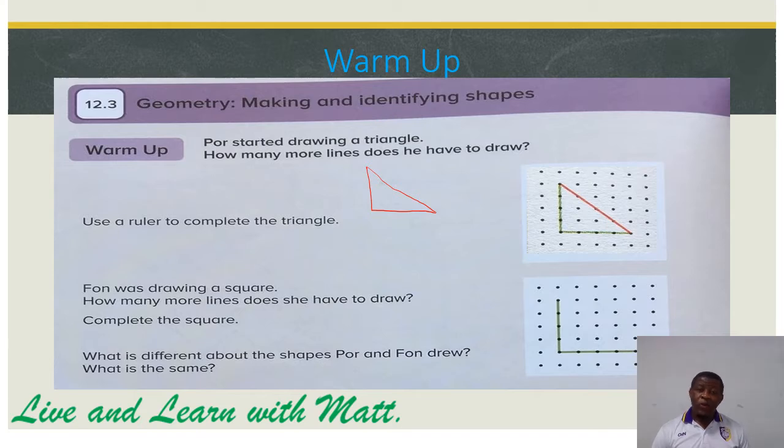Now, Fawn was drawing a square. How many more lines does he have to draw? A square has 4 sides, yeah? But a triangle has 3 sides, 1, 2, and the third one.